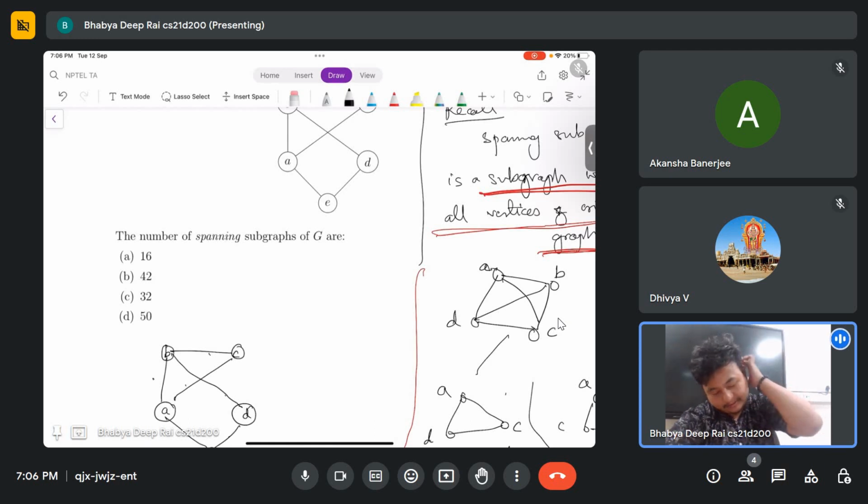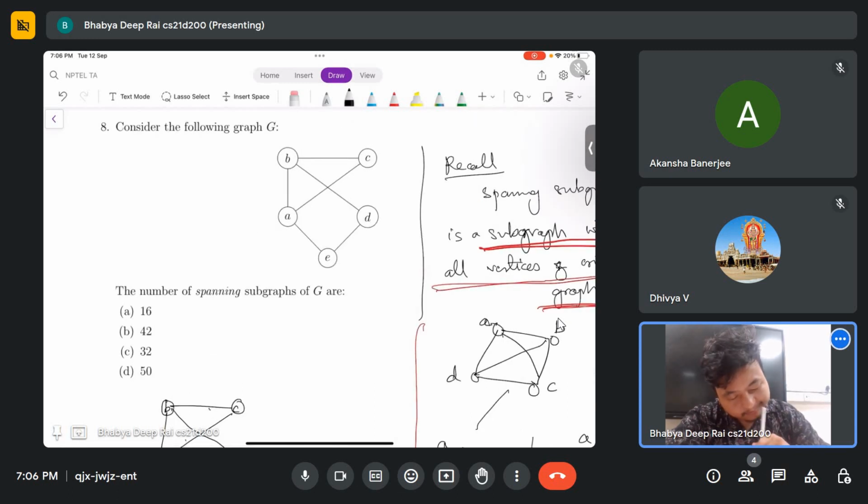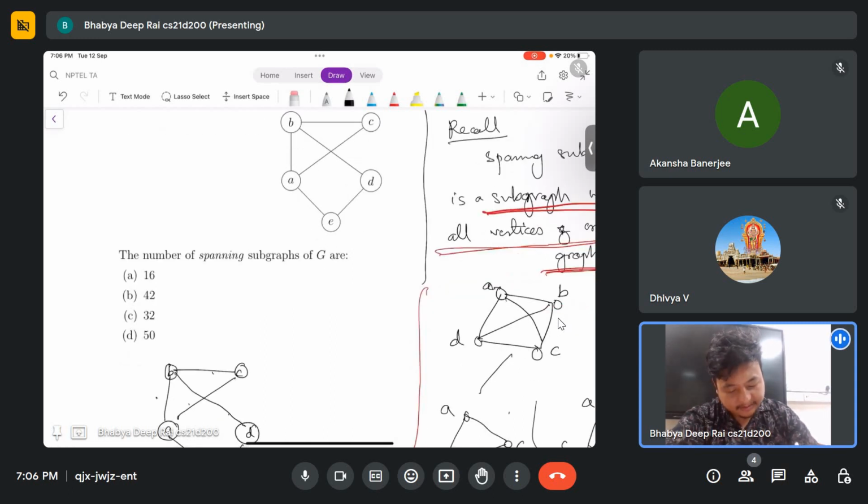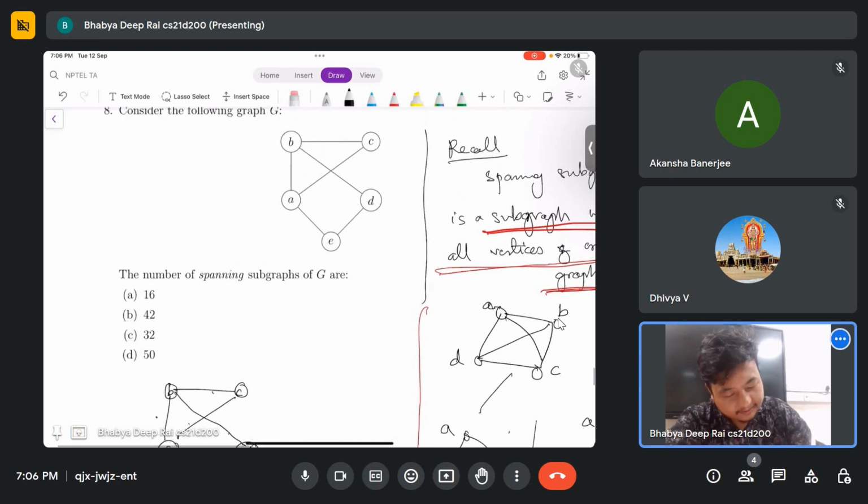Oh, it seems there's a slight mistake in the question. Or is there? How many edges are there? Okay, let me remove one edge.